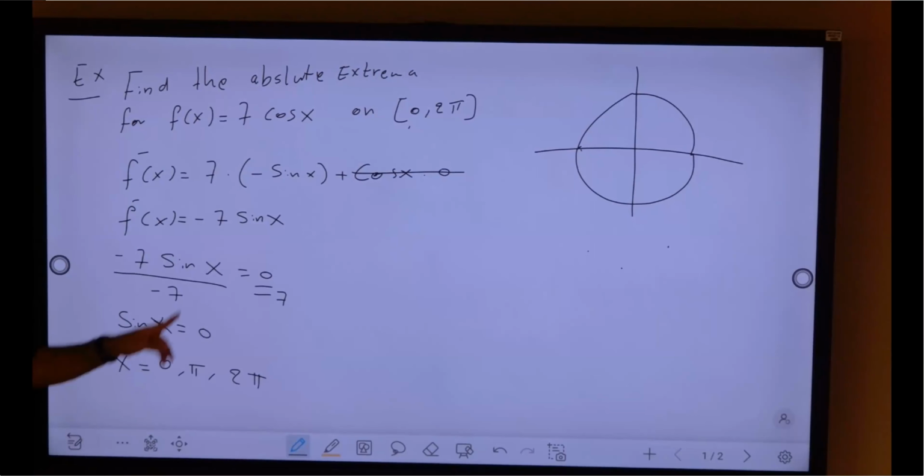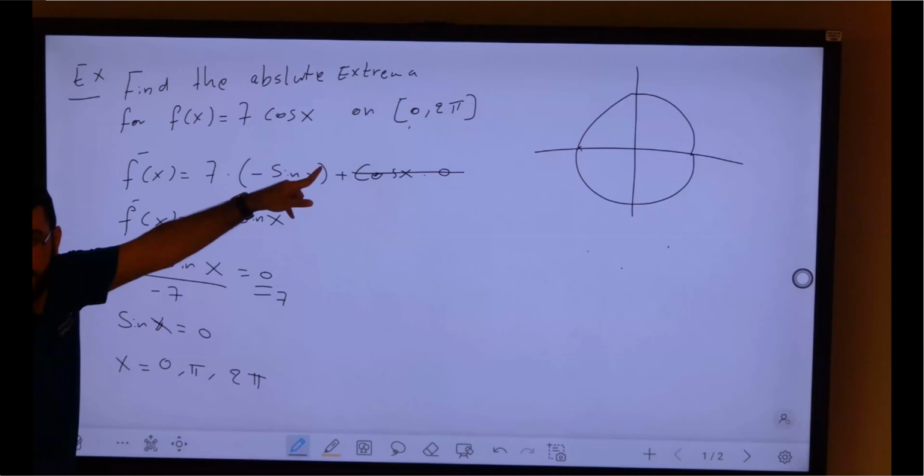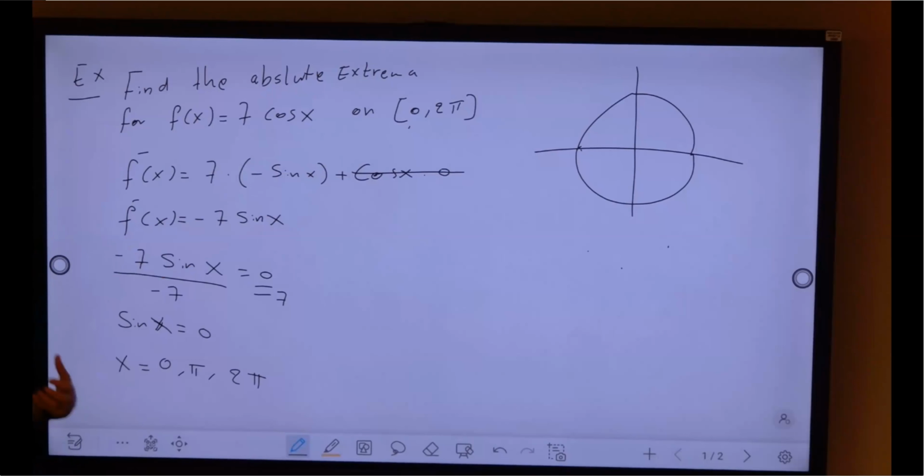But I need to stay between these two intervals. That means the actual critical number is only pi, but the endpoints are 0 and 2 pi, because these are an interval.